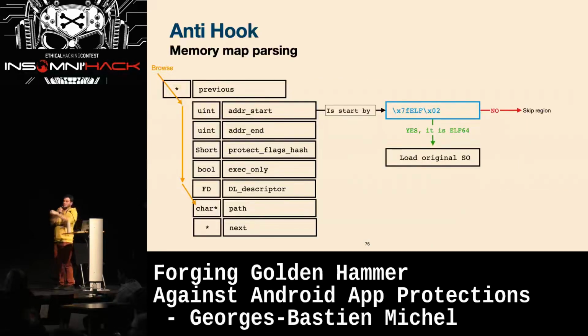And next step, once the entire contents of prop maps has been parsed, the hook detection mechanism will browse this chain list of regions, and it will check if at the beginning of each region there is an ELF magic.